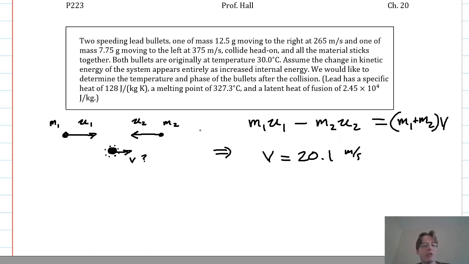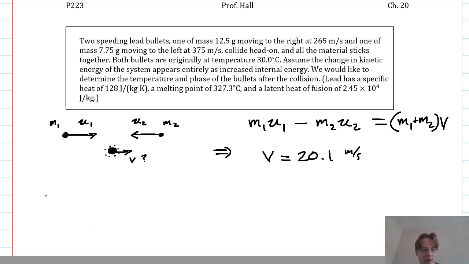Okay, so like for the previous one, melting the ice, I need to set the change in kinetic energy equal to the heat that goes into melting the lead. But I just have to be extra careful because not all the kinetic energy turns into heat.